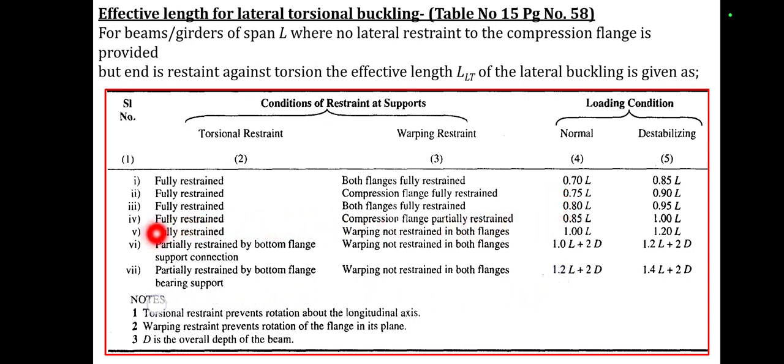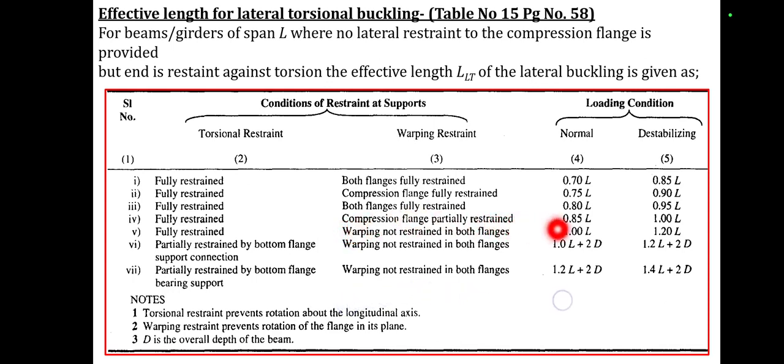Then we come to case number 4, when the beam is fully restrained against torsion but the compression flange is partially restrained. I always say top compression flange because the compression is at the top of the section.